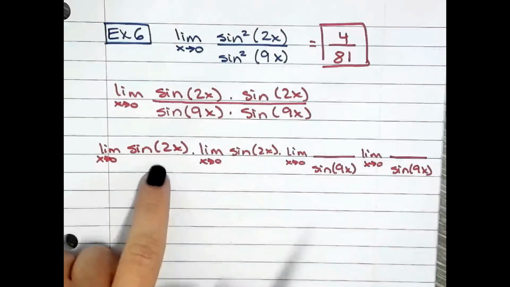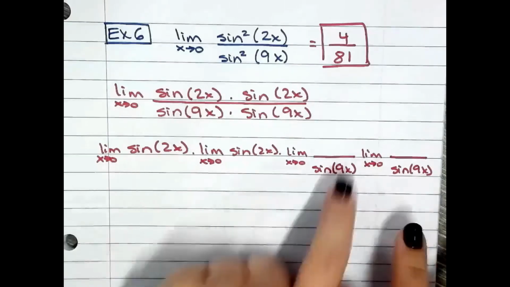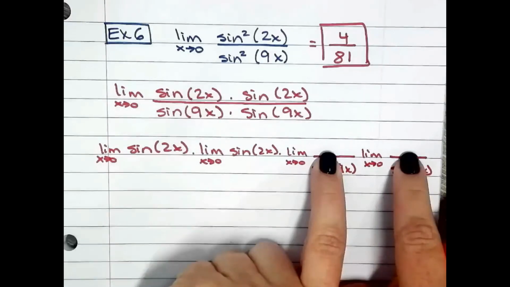Okay? I need 2x right here, 2x right here, 9x right there, 9x right there.